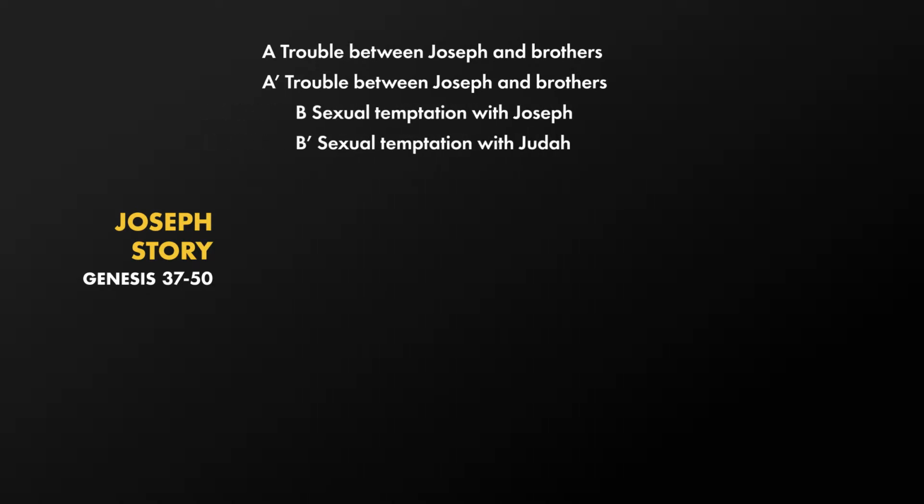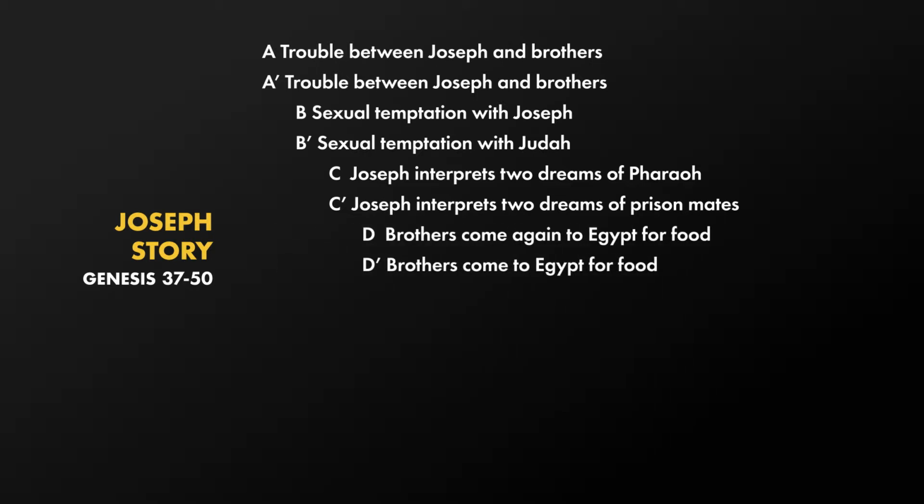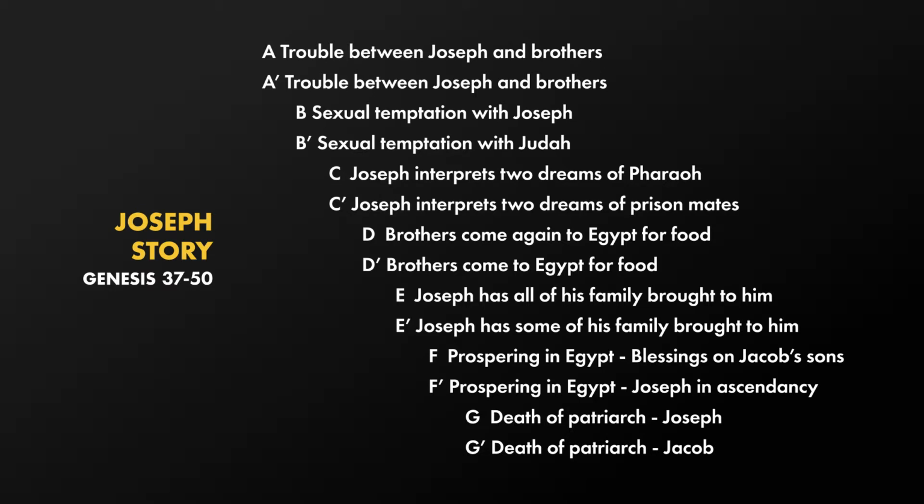Then two scenes of sexual temptation, with Judah and someone and Joseph and someone. And you will see that Judah fails, but Joseph succeeds. Then two scenes of Joseph interpreting two dreams. Then the brothers come to Egypt for food, and so on. It's just a wonderful design of the narrative. That's parallel, paired literary structure.